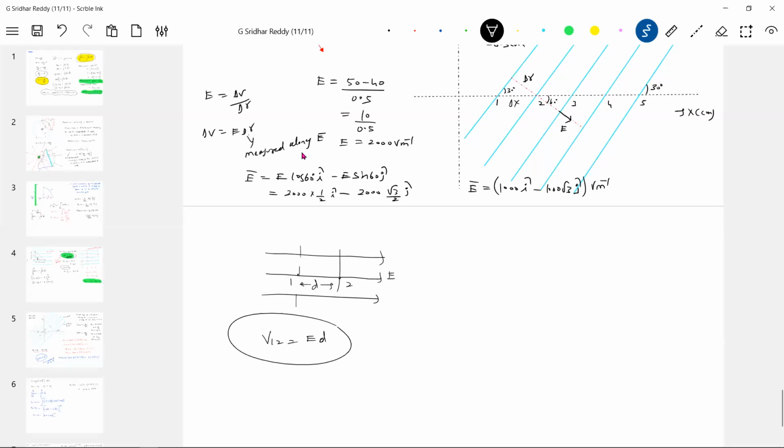Okay, now let's explore the different types of numericals.